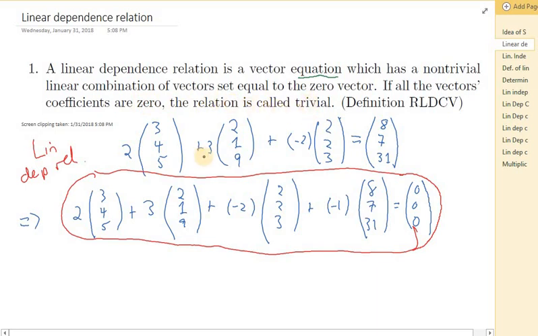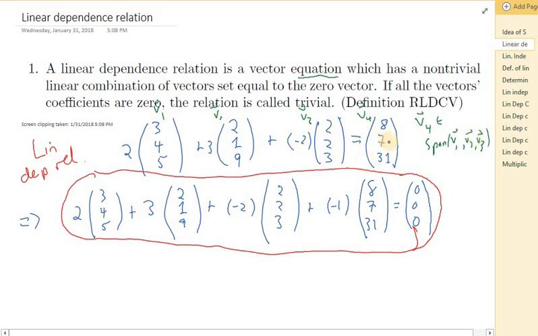Okay. Now, before we saw how to express that some vector is in the span of other vectors. So if I call these V1, V2, V3, V4, this tells me that V4 is in the span of V1, V2, and V3.